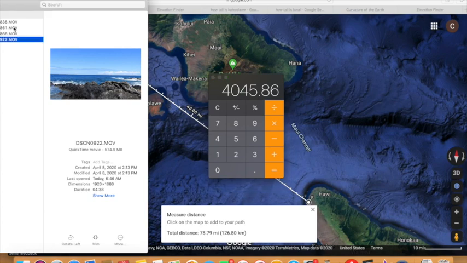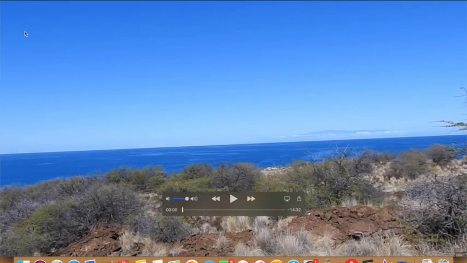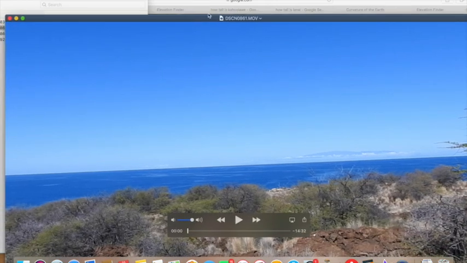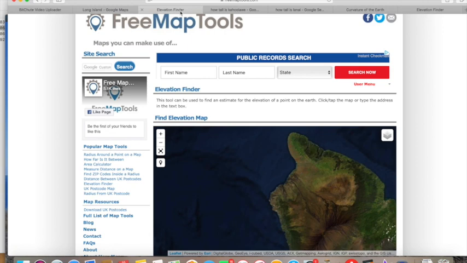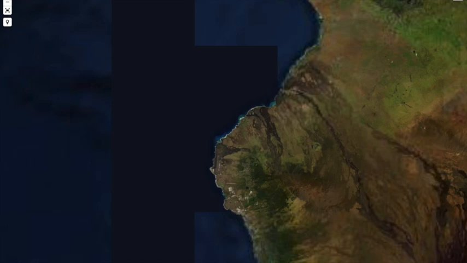This one here. Before I present this one, let me show you where I was on the map. So I'm standing by the Kona airport. I'm going to be looking at the elevation of the grounds there.